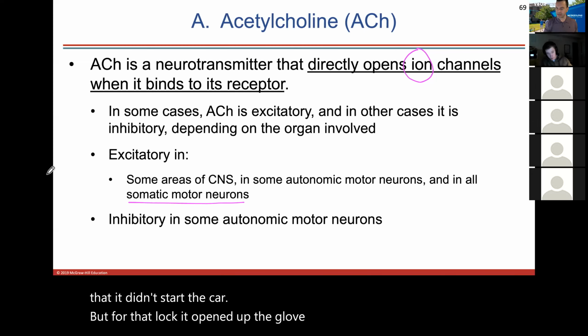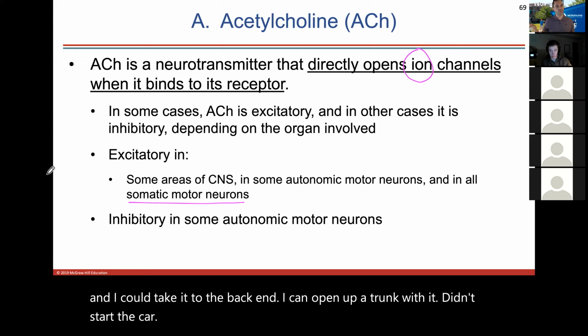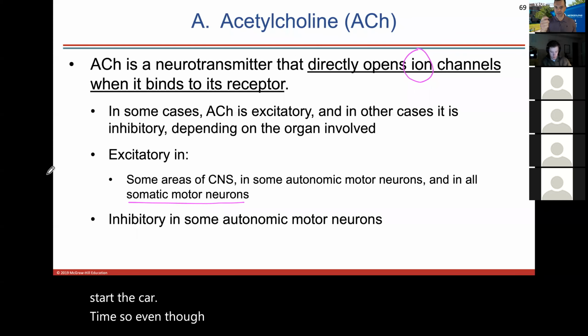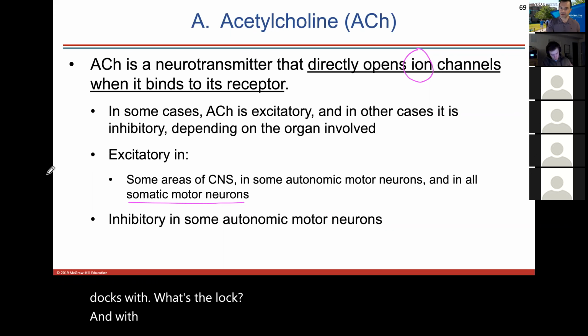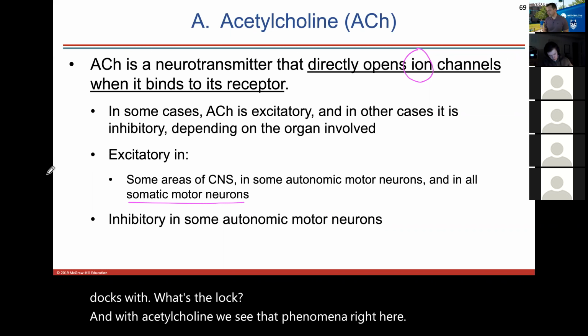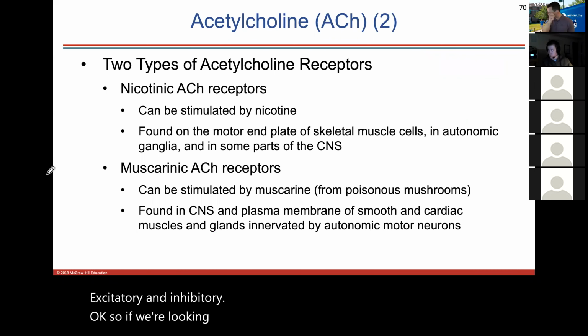Take that same key and I could take it to the back end. I can open up a trunk with it. Didn't start the car. So even though that key can do many different things, it's what it docks with. What's the lock? And with acetylcholine, we see that phenomenon right here. Excitatory and inhibitory.